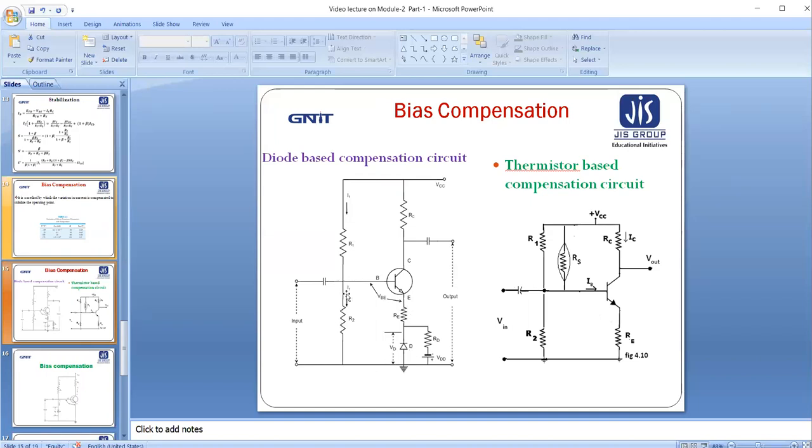Now, if we apply the KVL, the equation will be ETH minus IB into RTH minus VBE, because the potential will be plus and minus. So minus VBE minus IERE, because current is flowing in this direction, minus IERE.